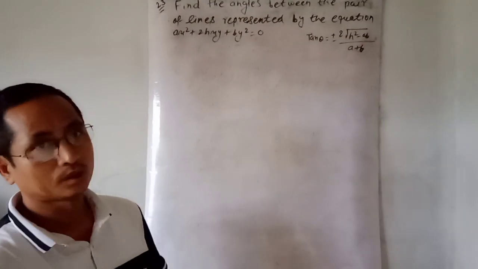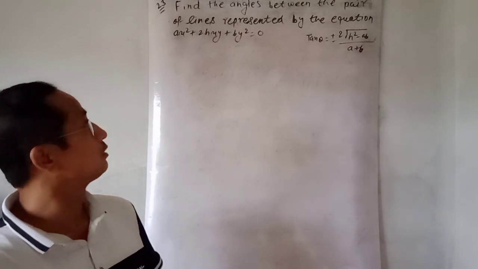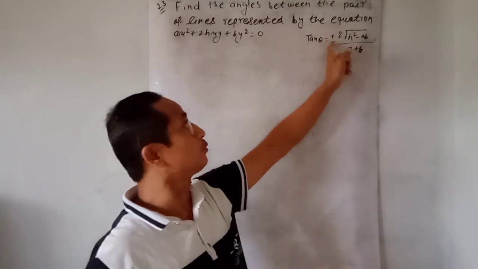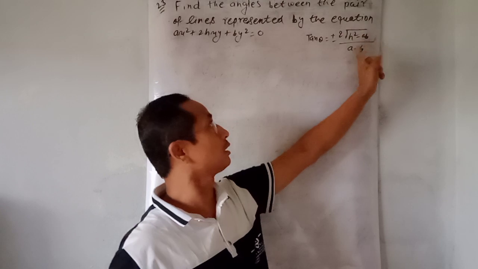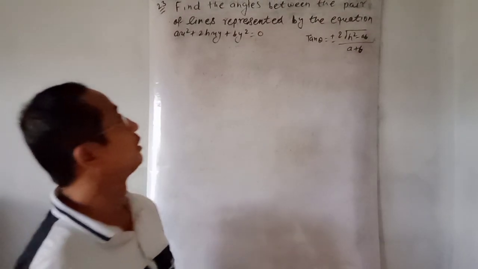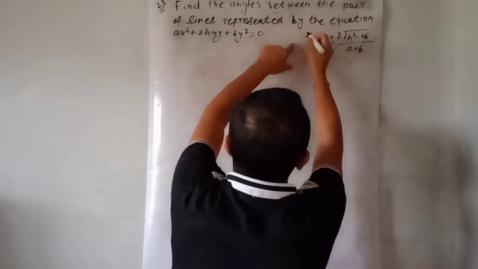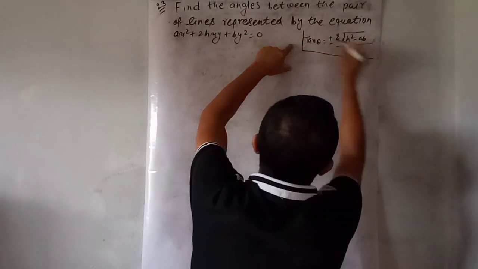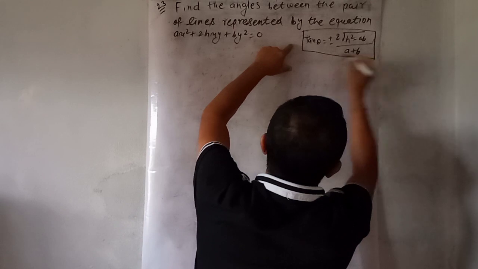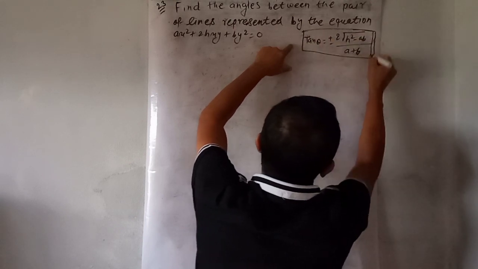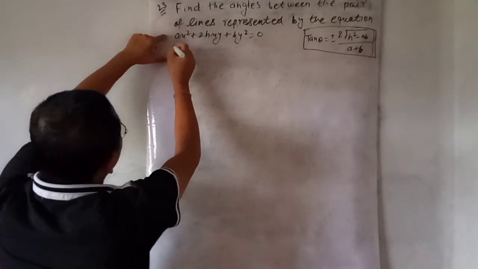I mean we have to calculate tan theta is equal to plus minus 2 root h square minus ab by a plus b. For this, listen to me. What we need to do, I mean, this answer we have to calculate. This is the answer. Look at here.